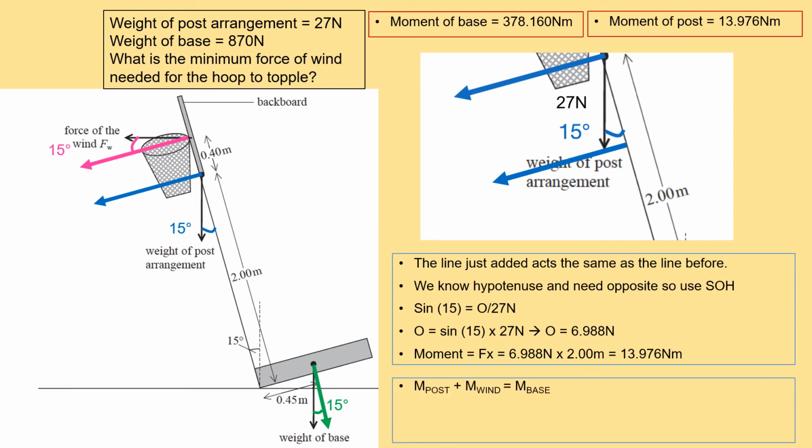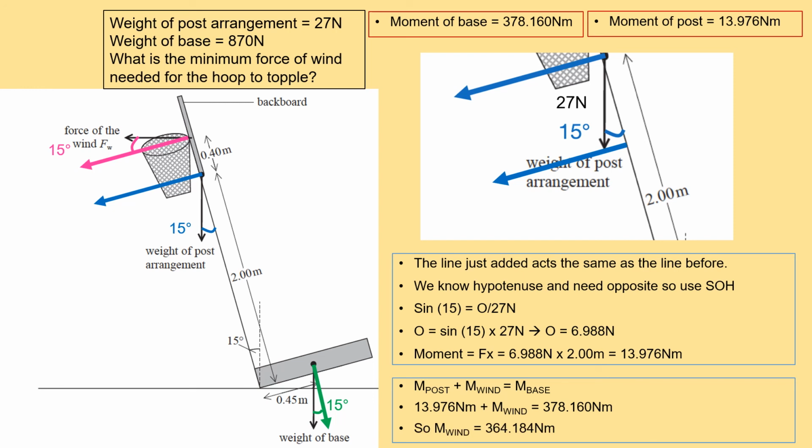So if you add these together, the moment of the post plus the moment of the wind, that's going to equal the moment of the base. So 13.976 plus the moment from the wind gives 378.16 Newton meters.